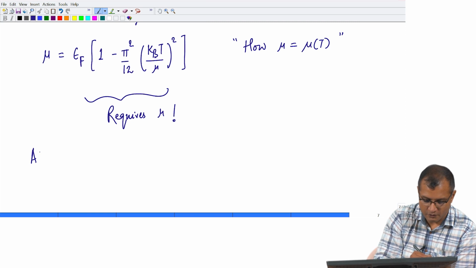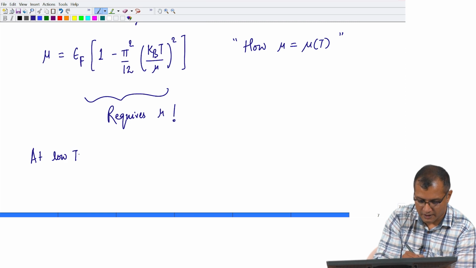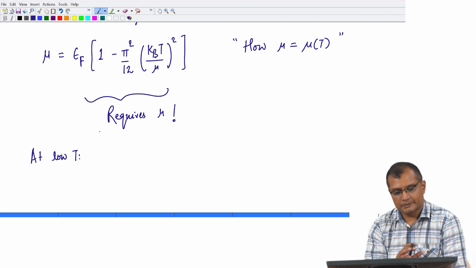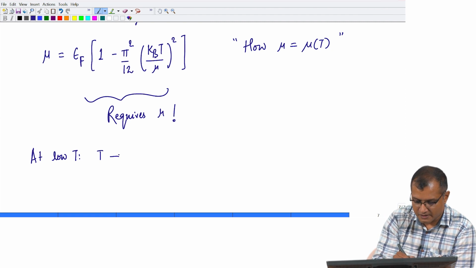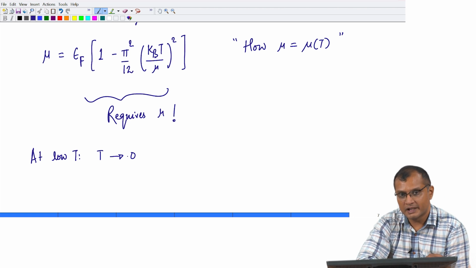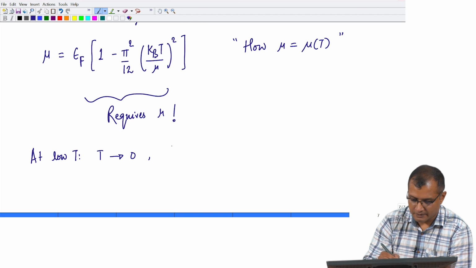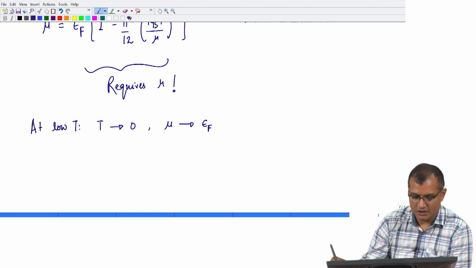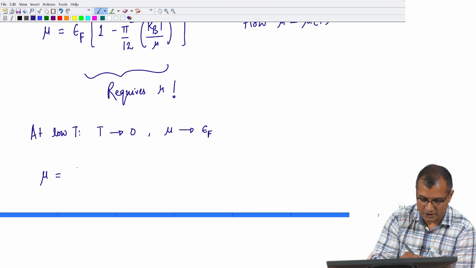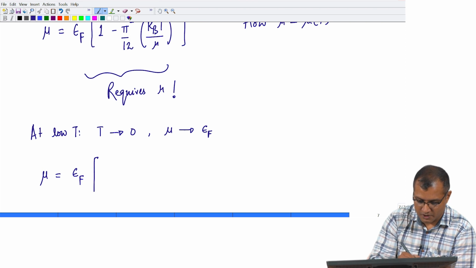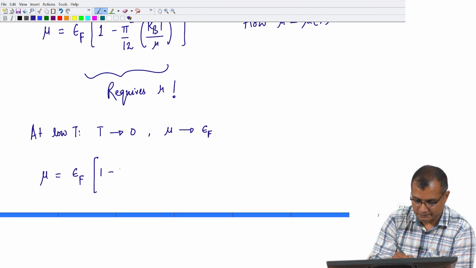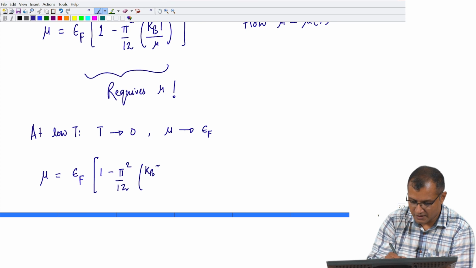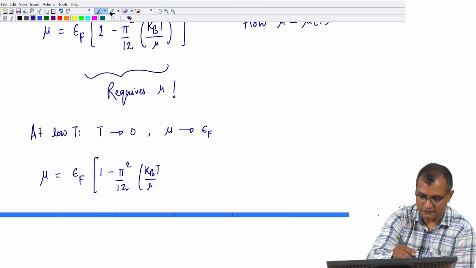Okay. So, at very low temperatures, again the idea is that my temperature is very close to 0, tending to 0, I can say that my mu is nothing but the Fermi energy only on the right hand side. Okay. So, then I can write down my chemical potential as mu that goes as E_F minus pi square by 12 into kBT over E_F.